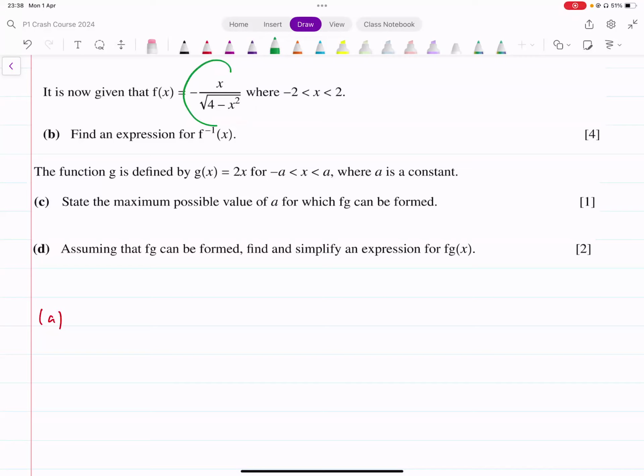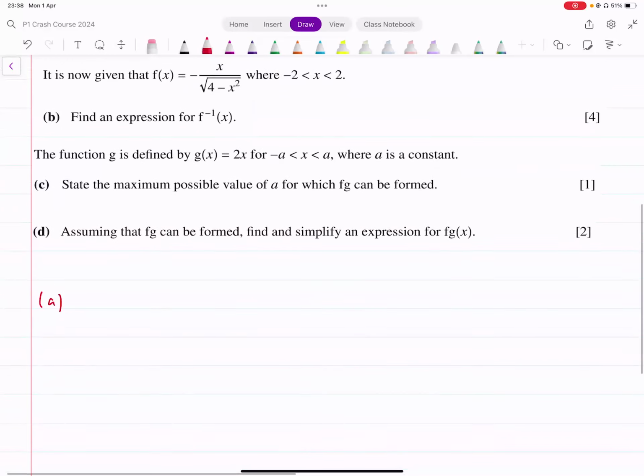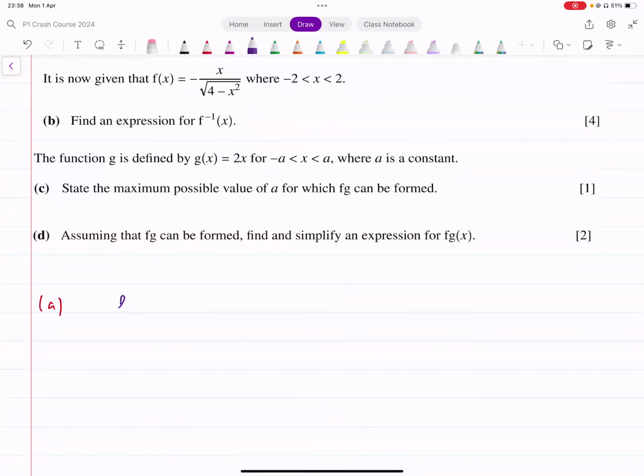How do you do that? So f of x is equal to minus x over square root of 4 minus x squared. We need to find the inverse of this function. The domain of this function is from minus 2 to 2.